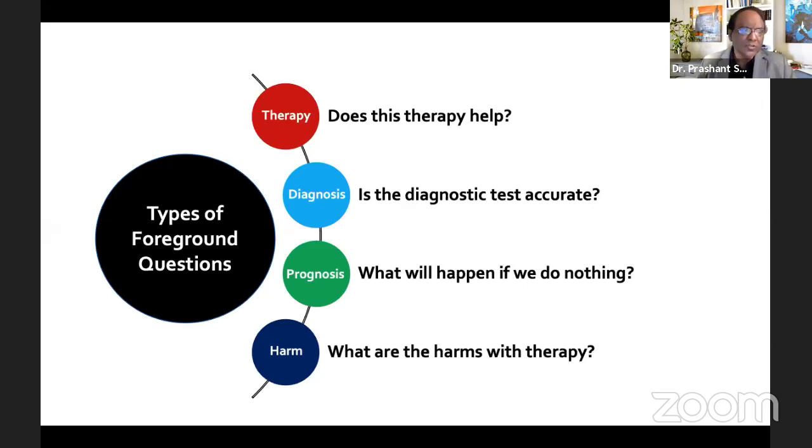The diagnosis question normally looks at establishing the characteristics of a diagnostic test, whether it is accurate enough or not, by comparing with the gold standards that are available. In the prognosis question, we are basically estimating the future course of disease in the patient. And in the harm question, we are mostly interested in what the harms of a treatment or intervention are and how they can be avoided.